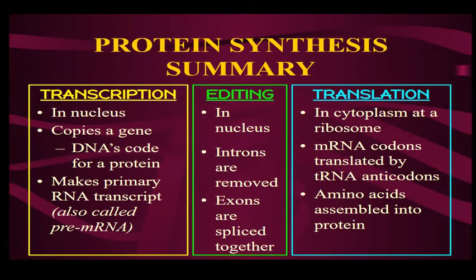Then editing also takes place in the nucleus, and that's when introns are removed and exons are spliced together. And then finally, translation takes place in the cytoplasm at a ribosome. The mRNA codons are translated by tRNA anticodons, and amino acids are assembled into proteins.